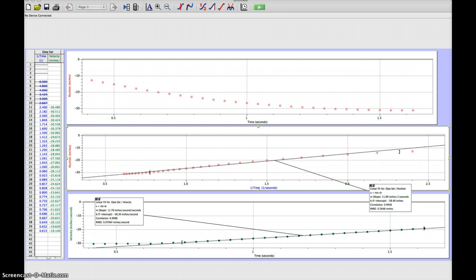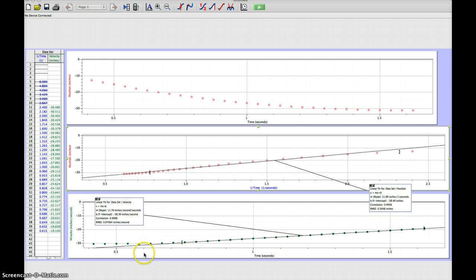That means that when time was 0, the cart was moving at negative 38 inches per second. For the slope, 12 inches per second over seconds times time means that for every second, the velocity was increasing by 12 inches per second.